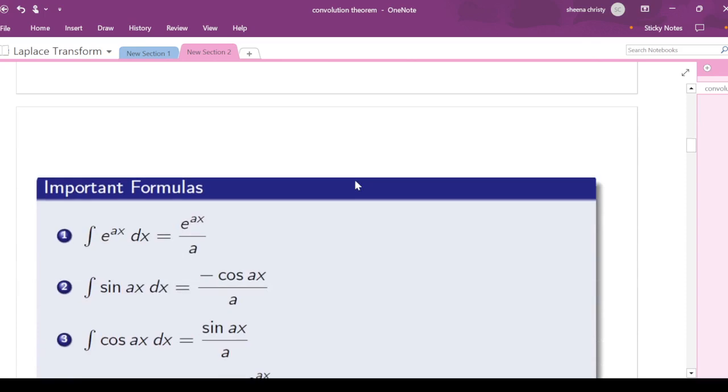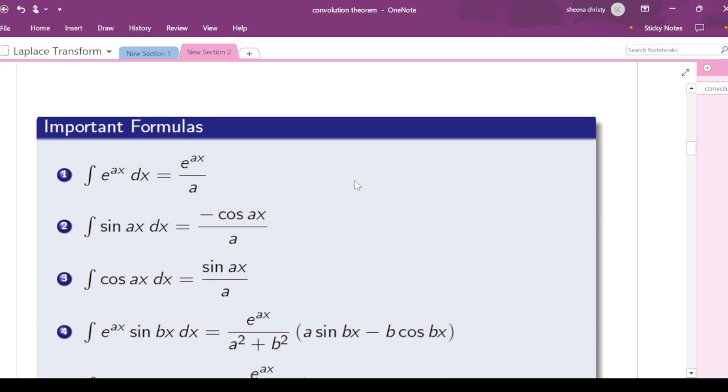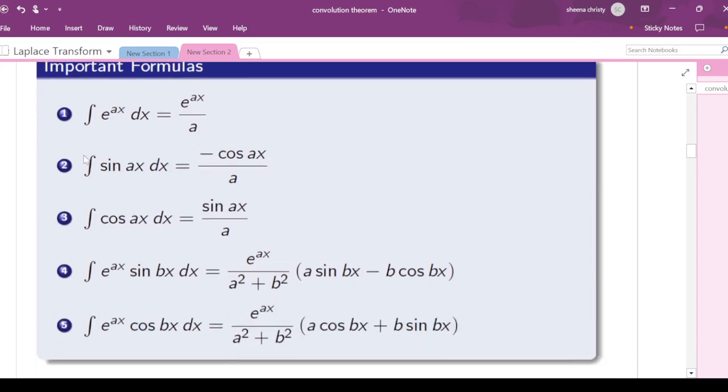Now, we have to understand some important formulas and keep them in our mind. The integral of e power ax dx is e power ax by a. The integral of sin ax dx is minus cos ax by the coefficient of x, which is a.